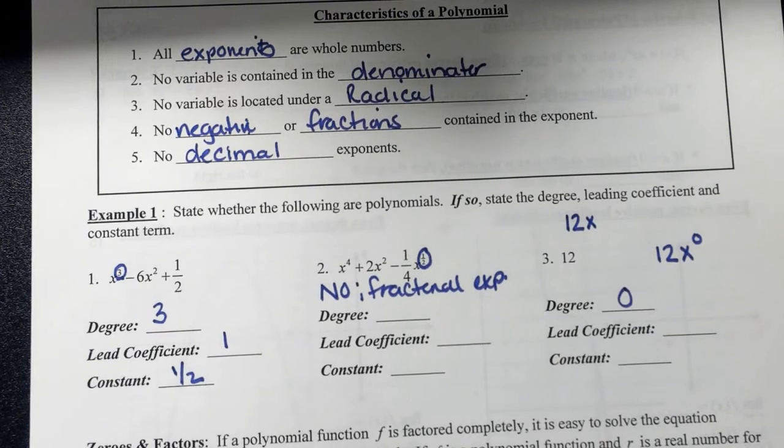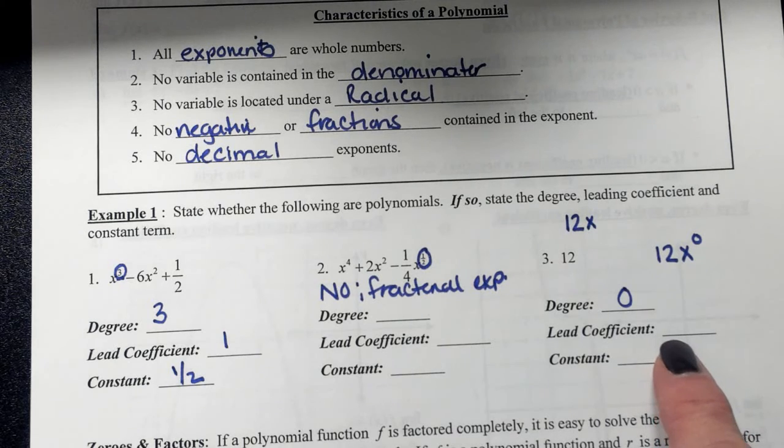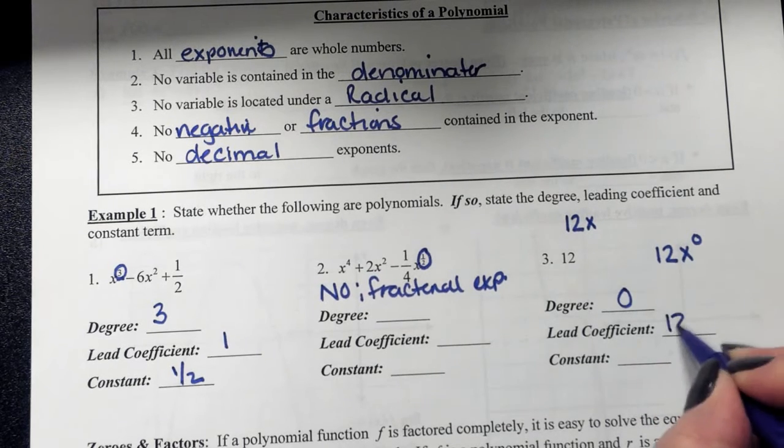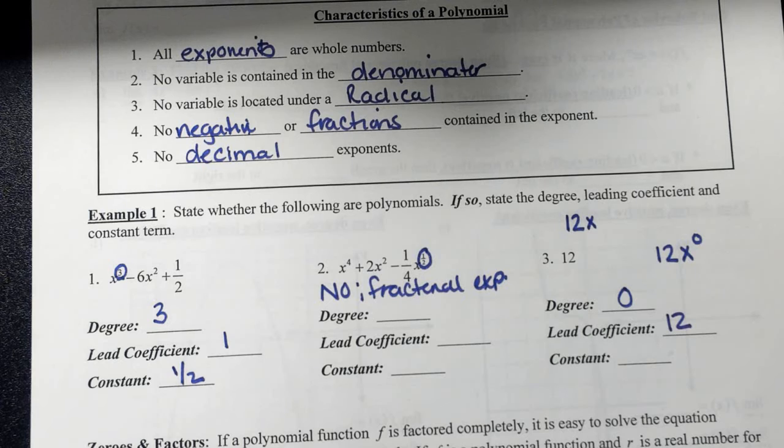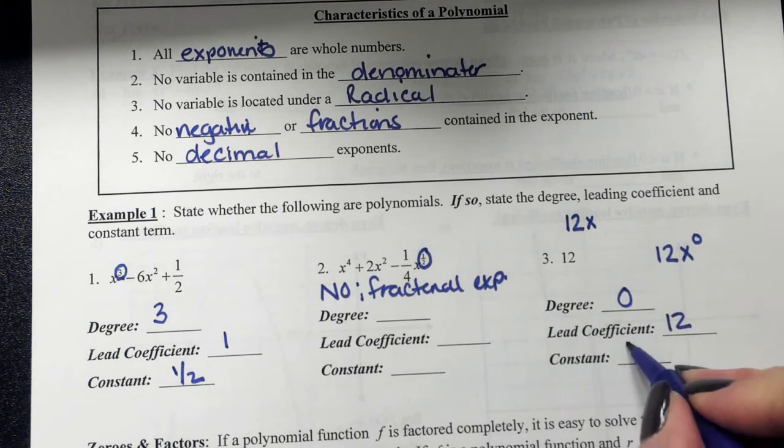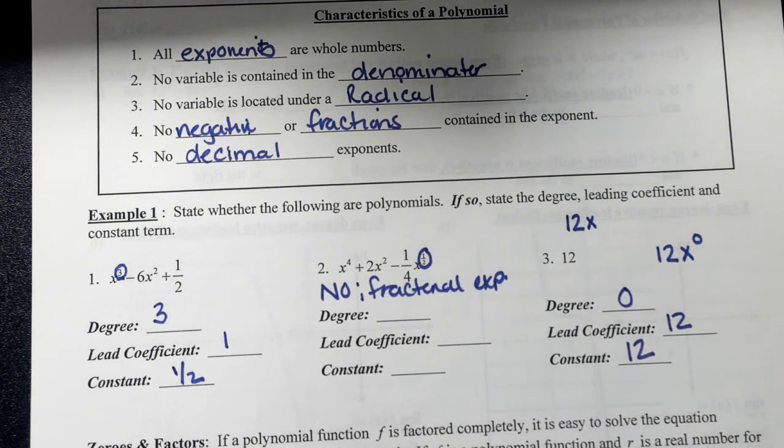We're not going to write x to the 0 because we know it's equivalent to 1. What's my leading coefficient? My leading coefficient is just a 12. And the constant term is actually just 12. All right, so again, a constant by itself is indeed considered a polynomial. It's a degree 0 polynomial.